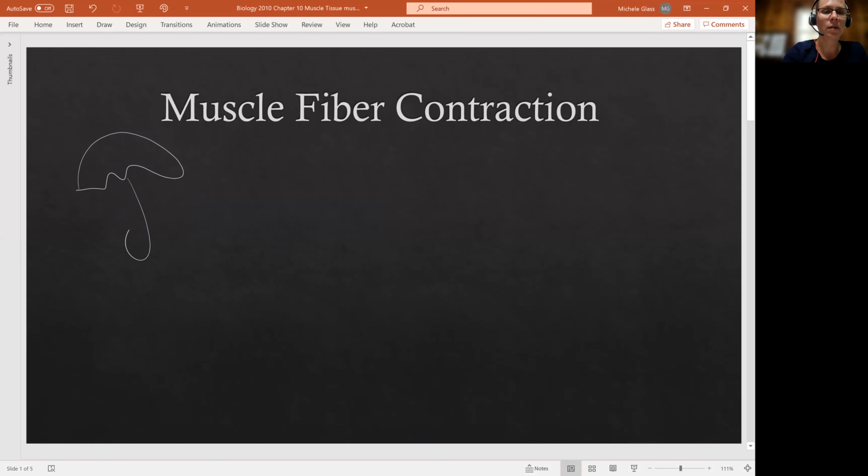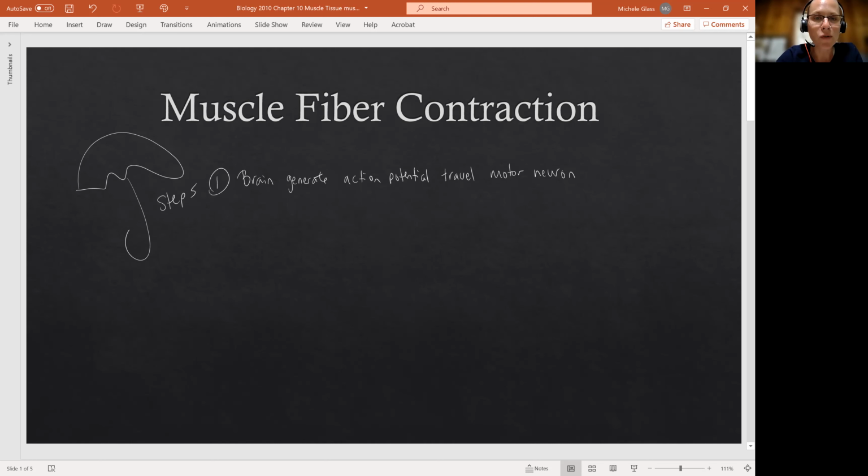The first big step is that the brain, skeletal muscle contraction being controlled consciously for the most part. And so in the brain, the brain is going to generate an action potential, which is going to, let's say, travel on a motor neuron.